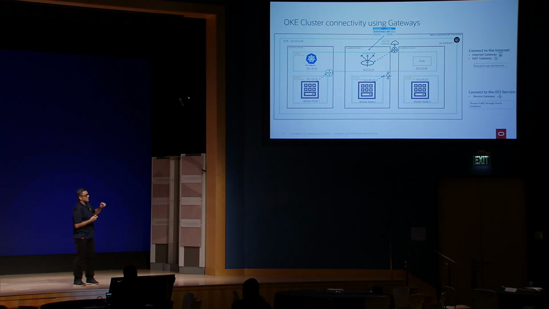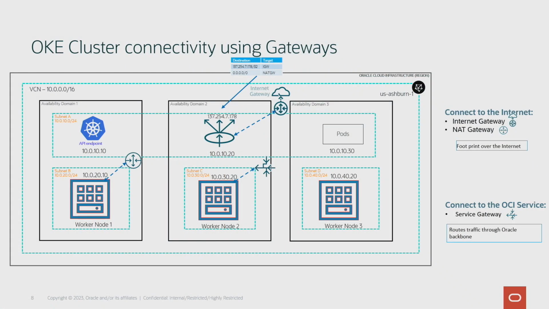And you don't want a footprint over the internet. That is when you could use a third type of gateway, which we call the service gateway, right? That would route the traffic over the Oracle backbone network. You don't need a public IP address. The traffic is not going over the internet, and you could still access an OCI or an Oracle service. So this is how you would control the traffic going south to north and north to south.